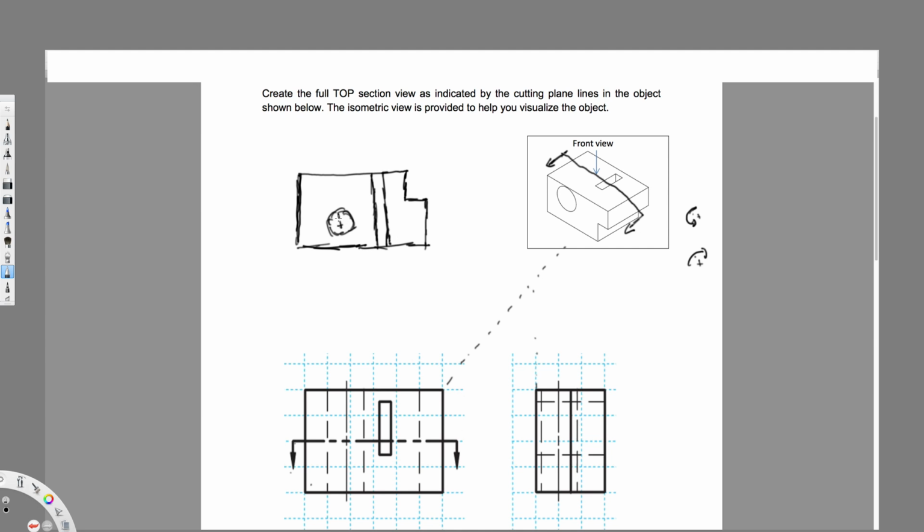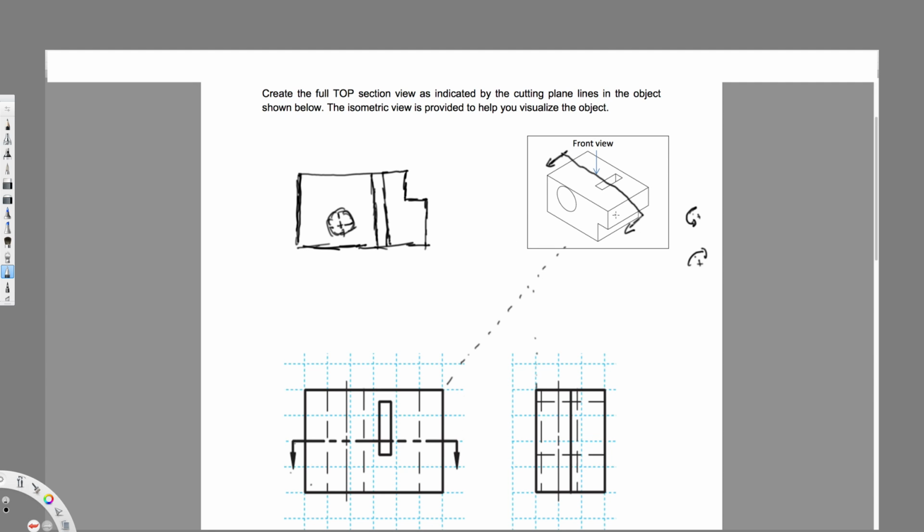And you have to draw the center line all the time. No matter what, you have to draw the center line. So this hole has a center line, and this is not a hole, so we don't have to show the center line. But one more thing we have to do, we have to imagine this is like a cake or something like that. When you cut this object with a knife, wherever the knife touches, that part has to be shaded.